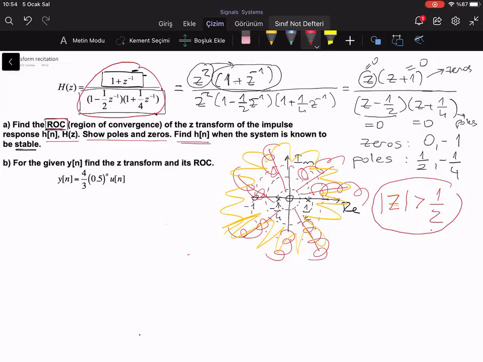Yes, right. Partial fraction expansion. How do I write it? A divided by 1 minus 1 over 2 z to the power minus 1, plus B divided by 1 plus 1 over 4 z to the power minus 1. I want you to write to the chat what A and B are here.